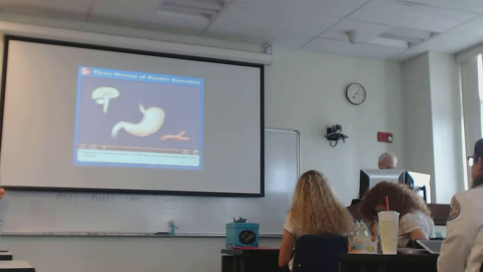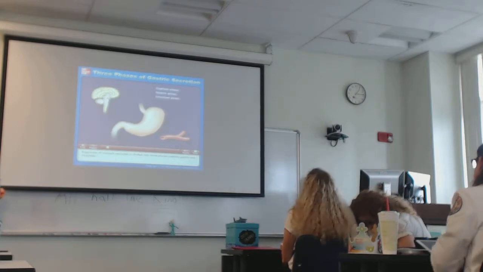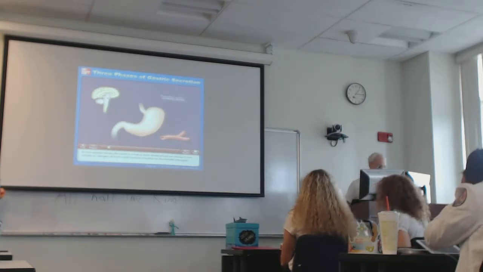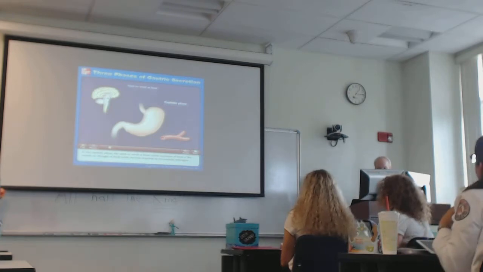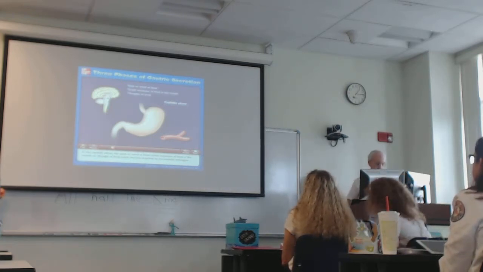Secretion is divided into three phases: cephalic, gastric, and intestinal. In the cephalic phase, the taste or smell of food, tactile sensation of food in the mouth, or thought of food sends nervous impulses to the medulla oblongata.